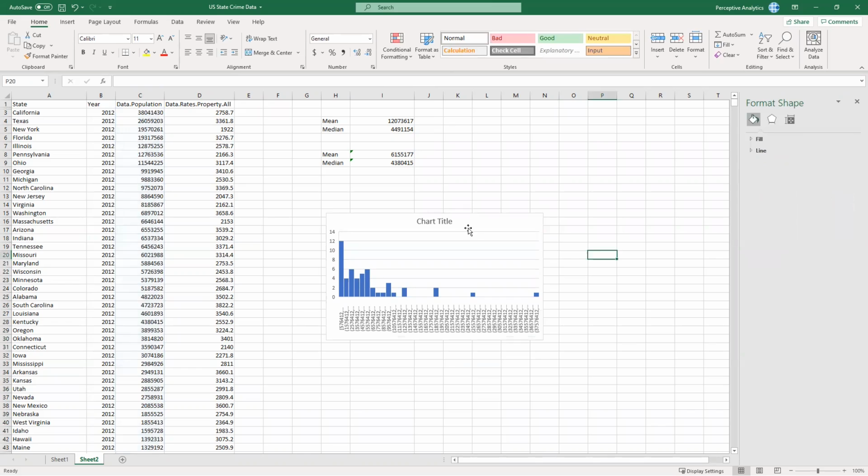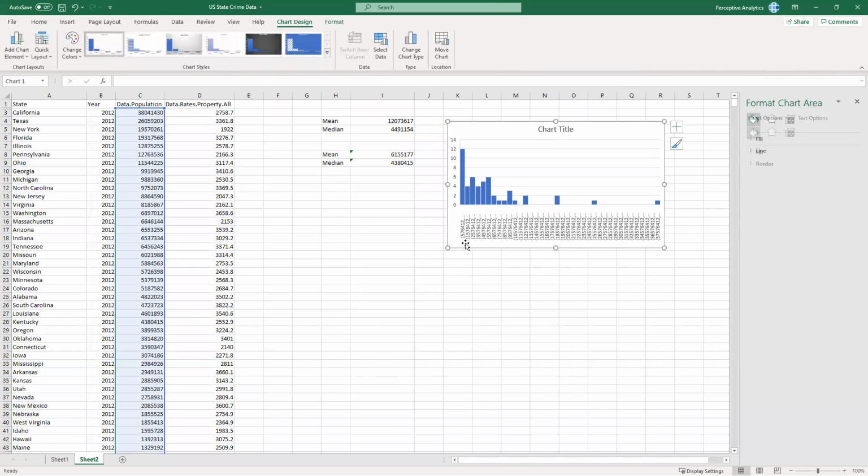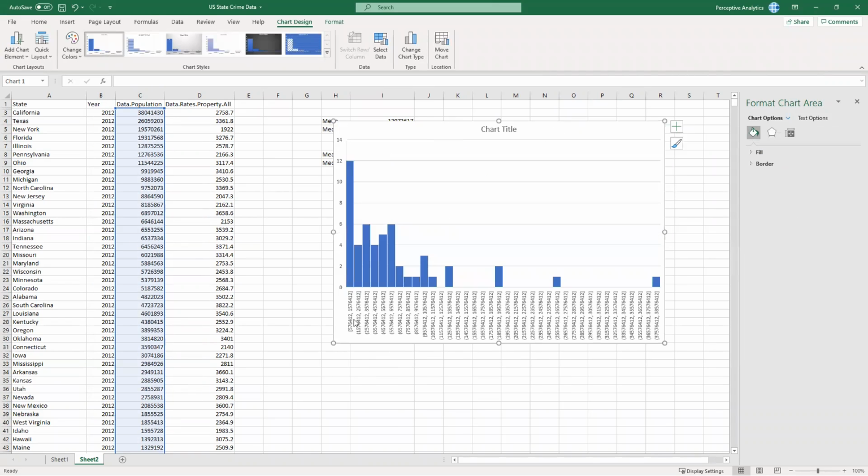I've given the bin size as 1 million, and what it's basically telling you here is, in each of these bins, so from 0.5 million to 1.5 million, how many states are there? So in this particular range, I have 12 states, and likewise for all the bins. So this is my data distribution. It's not the same distribution that we saw earlier, the normal distribution, which has a perfect bell shape, but it's more of a semi normal distribution, only one half of it, right?